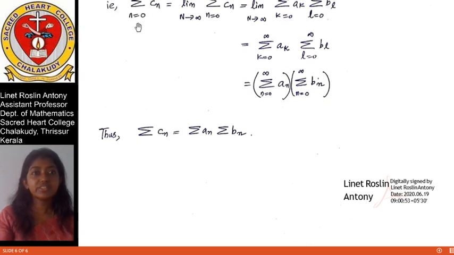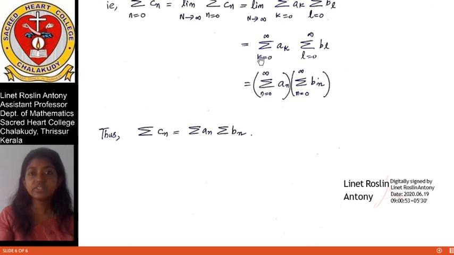So, the summation n equal to 0 to infinity of C_n is equal to the limit as capital N tends to infinity of the summation n equal to 0 to 2N of C_n, which is equal to the limit as N tends to infinity of the summation k equal to 0 to N of a_k into the summation n equal to 0 to N of b_n, which is nothing but the product of the summation k equal to 0 to infinity of a_k and the summation n equal to 0 to infinity of b_n.